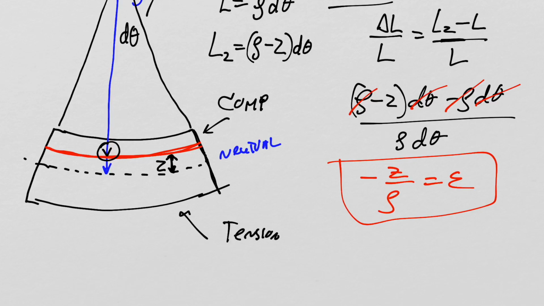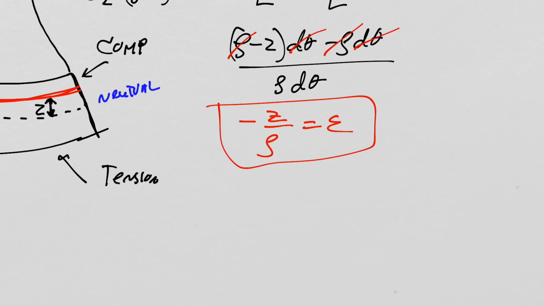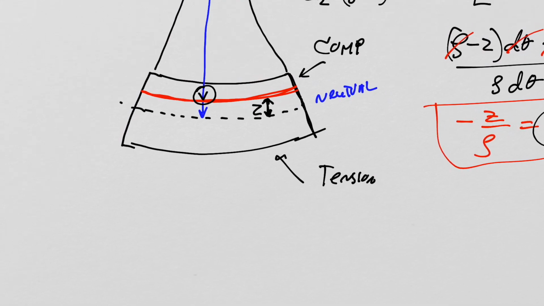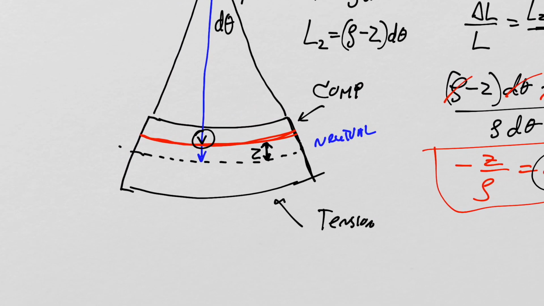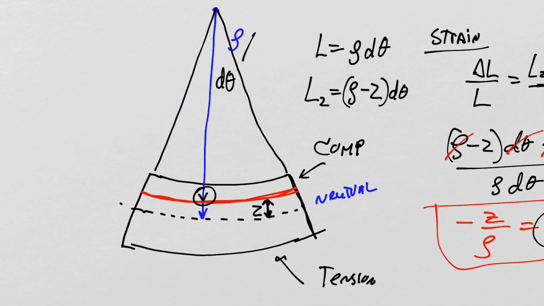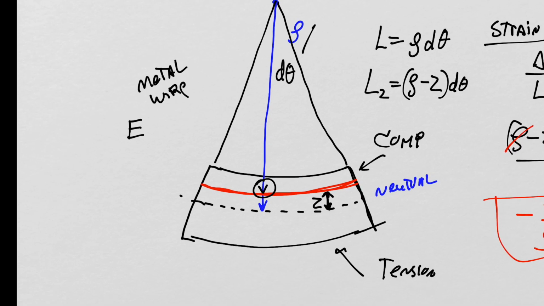Well, that's excellent, because once we know the strain, we know the stress, because this piece of string is actually a metal wire, right? It has a value that's typically given by the letter E called the Young's modulus.